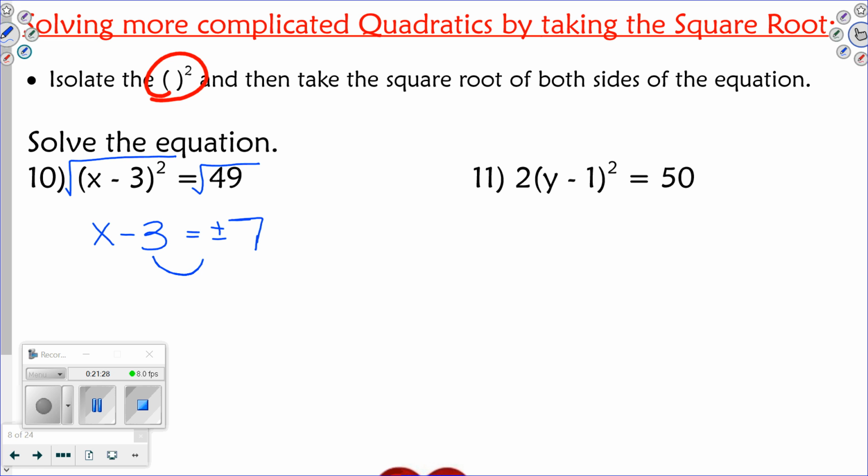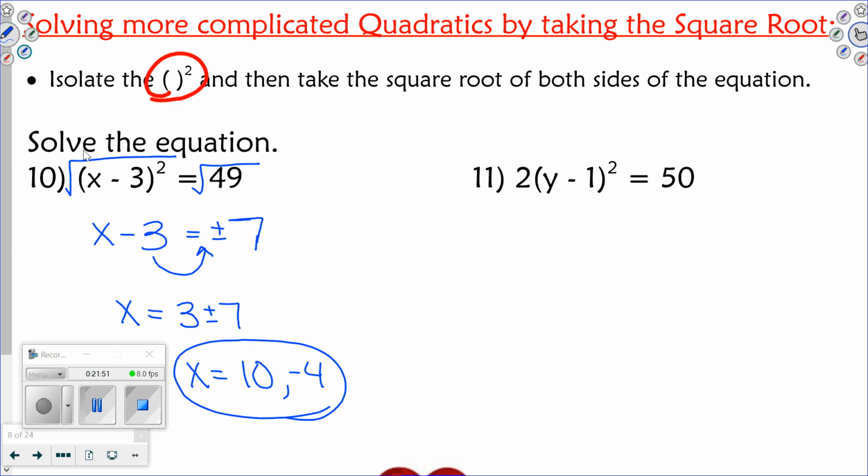Now, I'm going to write this slightly different just because I think that helps people. But when I move a negative 3 over, it becomes positive 3. If I write it this way, for whatever reason, this tends to help people see it better. What's 3 plus 7? And what's 3 minus 7? Negative 4.